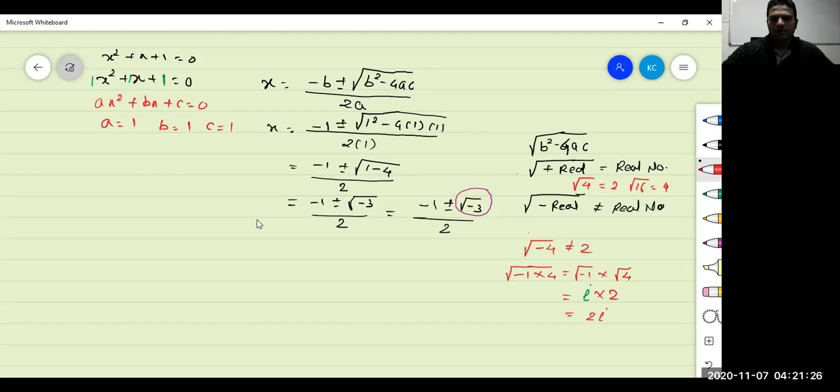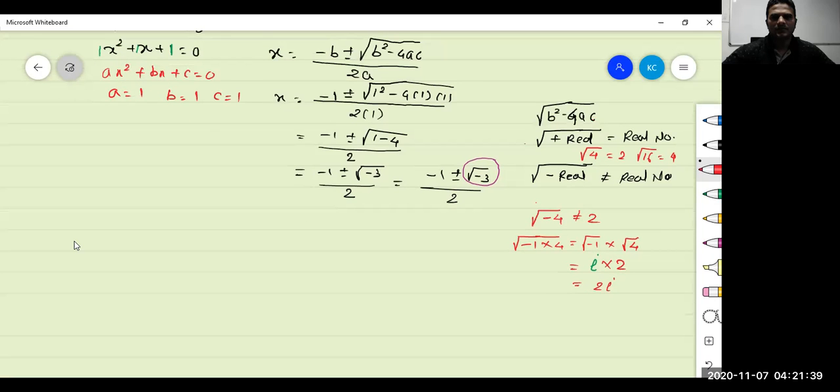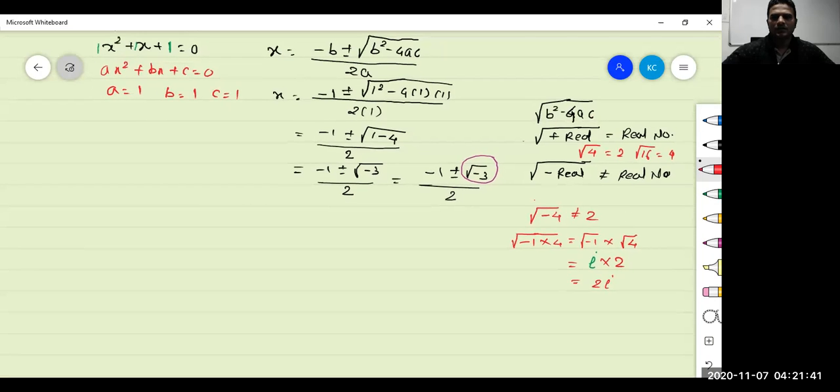So we required the root of minus 3. Are you clear on this point? This is the number form we are getting in the form of imaginary.